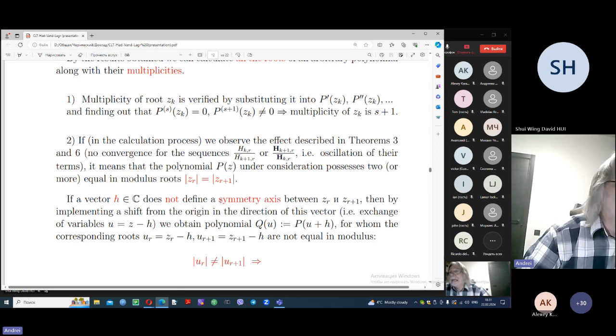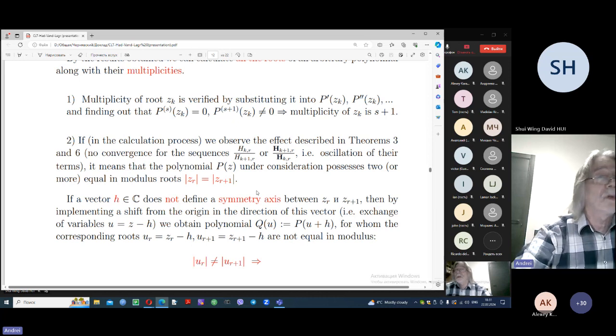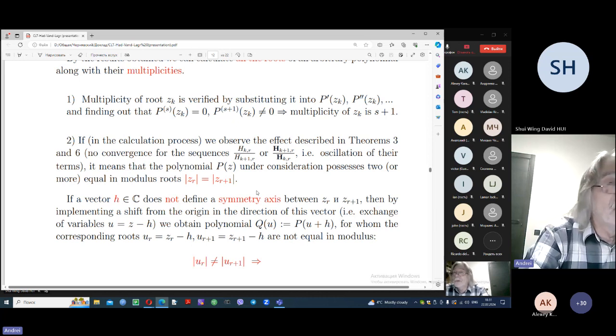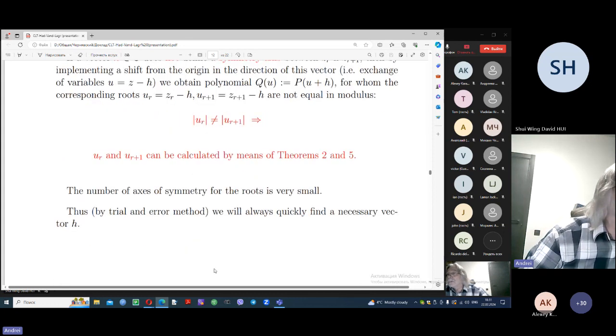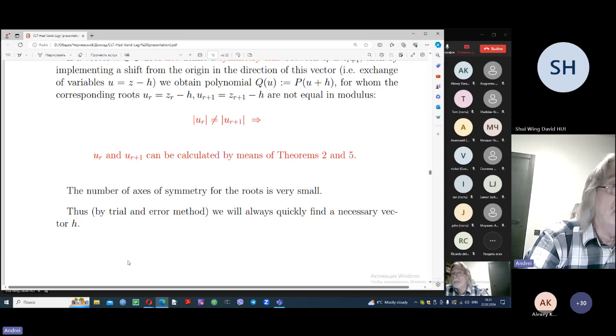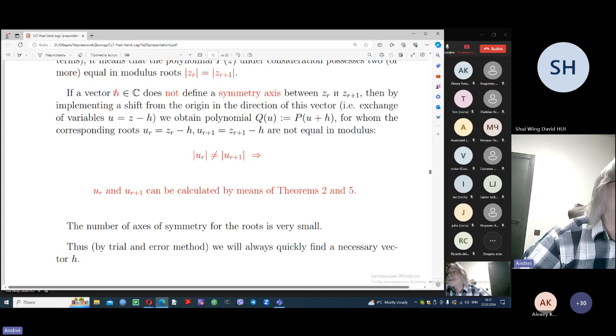There are not many symmetry axes between the roots of a polynomial. So by trial and error, we will quickly find the necessary vector h, and therefore we will find the corresponding roots that are not equal in modulus.